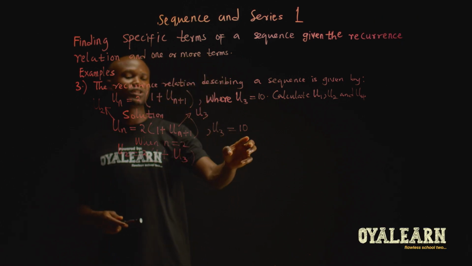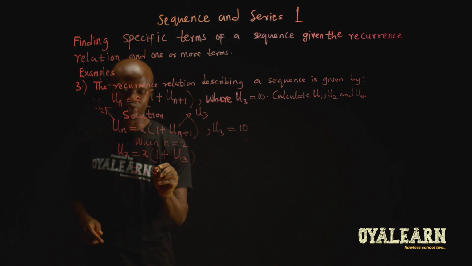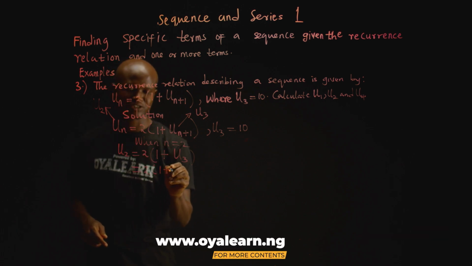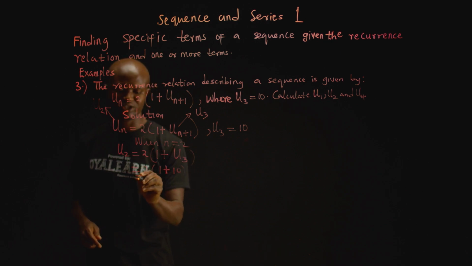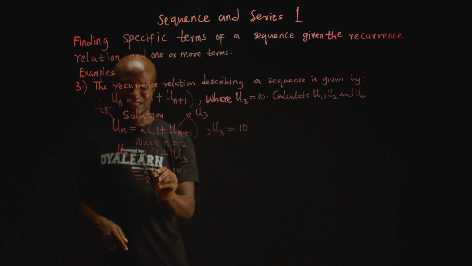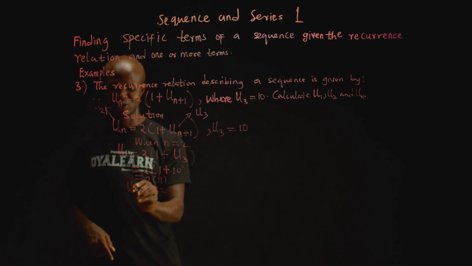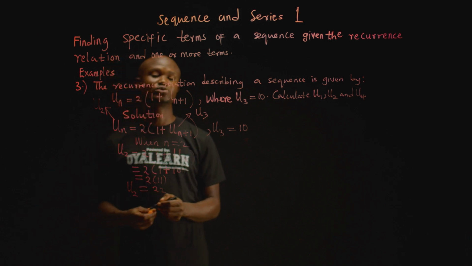We have the value of u_3 to be 10. Then we have 2 into 1 plus 10. 1 plus 10 is 11, and 2 times 11 gives us 22. That's the value of u_2.